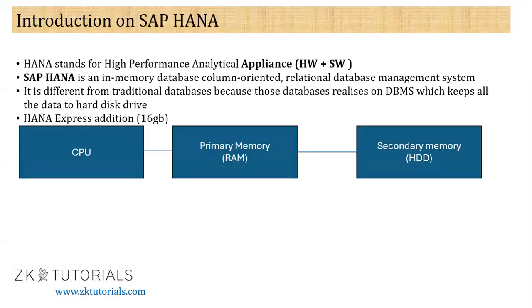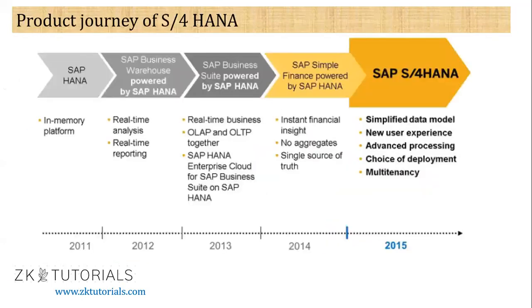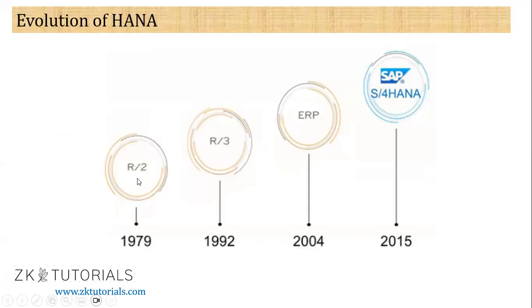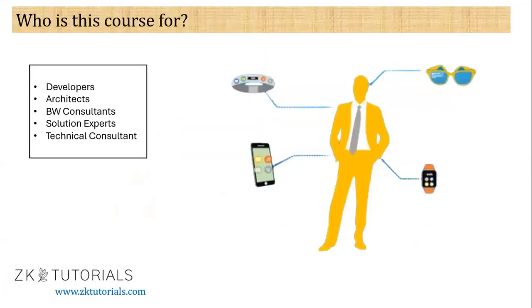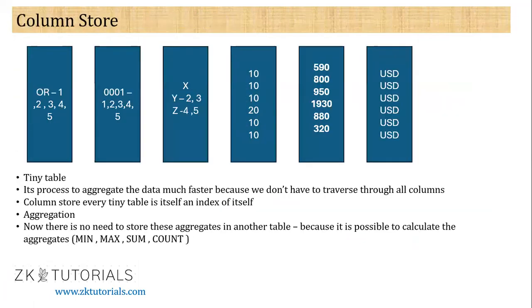Like in 1979, R2 came, in 1992, R3, then in 2015, HANA came into the picture. So we will see something more about HANA. When new technology comes into the market, how can anyone accept it easily? So how did it happen when SAP HANA was introduced? When SAP HANA was introduced, it was completely new.